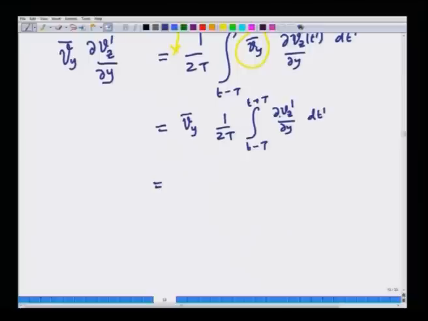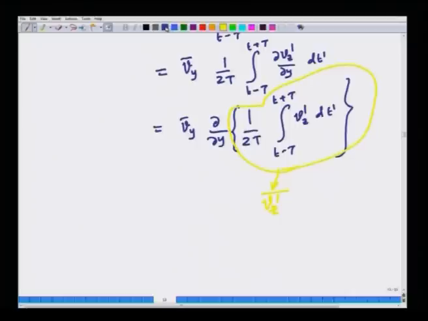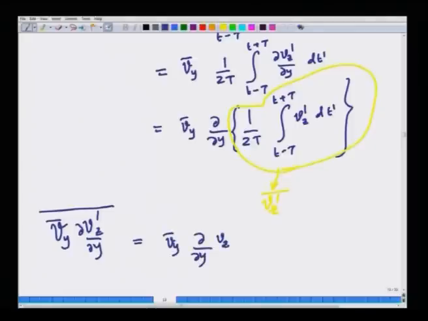So, the summation and the differential sign can be interchanged to give d by dy of 1 over 2T integral from t minus T to t plus T of v z prime dt prime. This entire quantity inside the curly braces is nothing but v z prime time average. So, we have v bar y times dv z prime by dy, whole averaged, is nothing but v bar y times d by dy of the average of v z prime.